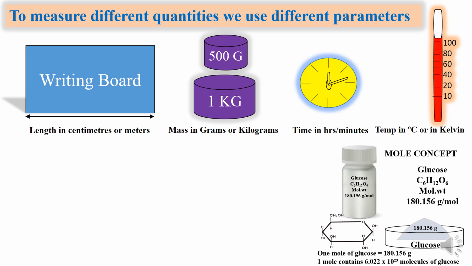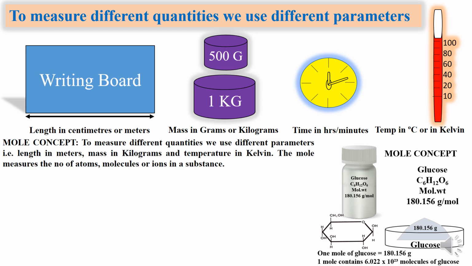So if you weigh out 180.156 grams of glucose, the weighed amount contains 6.022 into 10 power 23 molecules of glucose. So mole is a chemist's measure of a chemical substance.